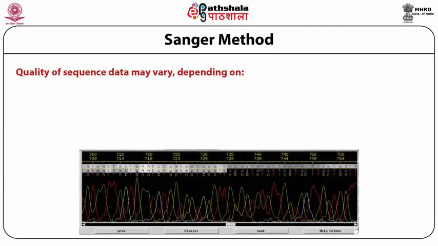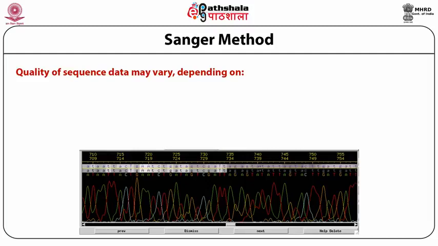So this is a very popular method because of its simplicity and accuracy. When you go for sequencing of DNA, you will get these peaks of different colors. These peaks need to be analyzed, to see whether the peaks are of good quality or you need to go for sequencing again.